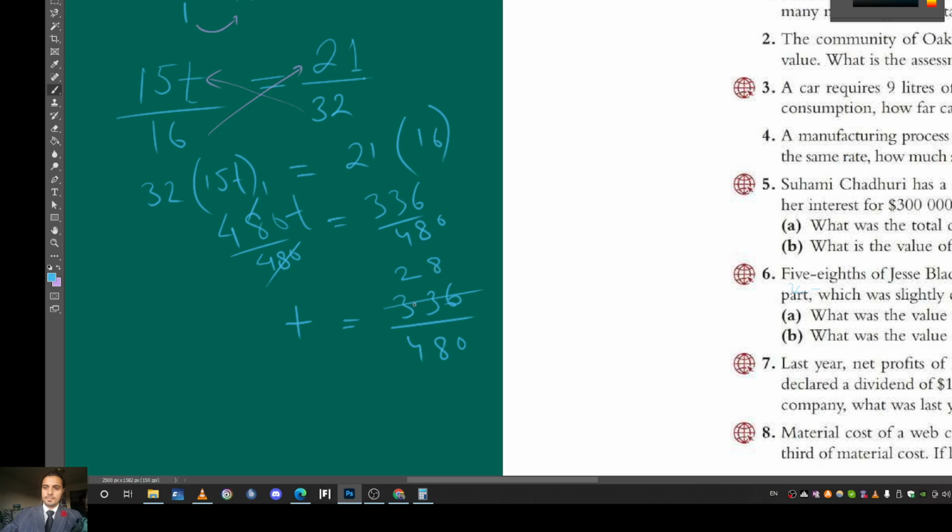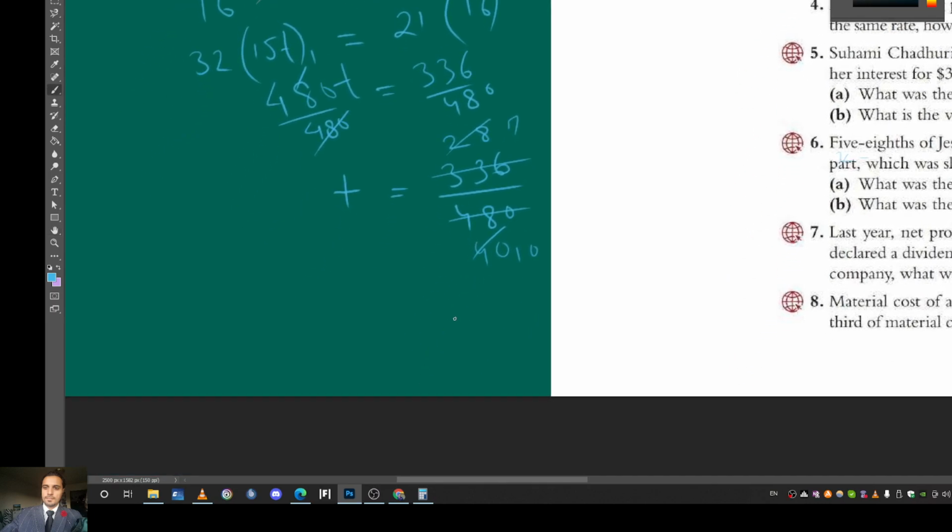So 336 divided by 12 is 28, and 480 divided by 12 is 40. So 28 over 40. We can still divide it further. Both of them are divisible by 4. So 4 times 7, 4 times 10. So we're left with t equals 7 over 10, right?